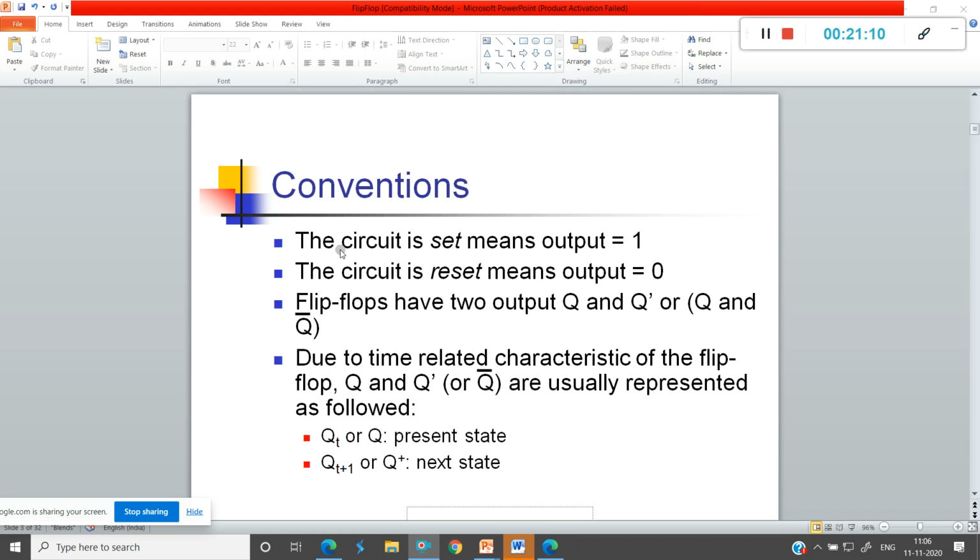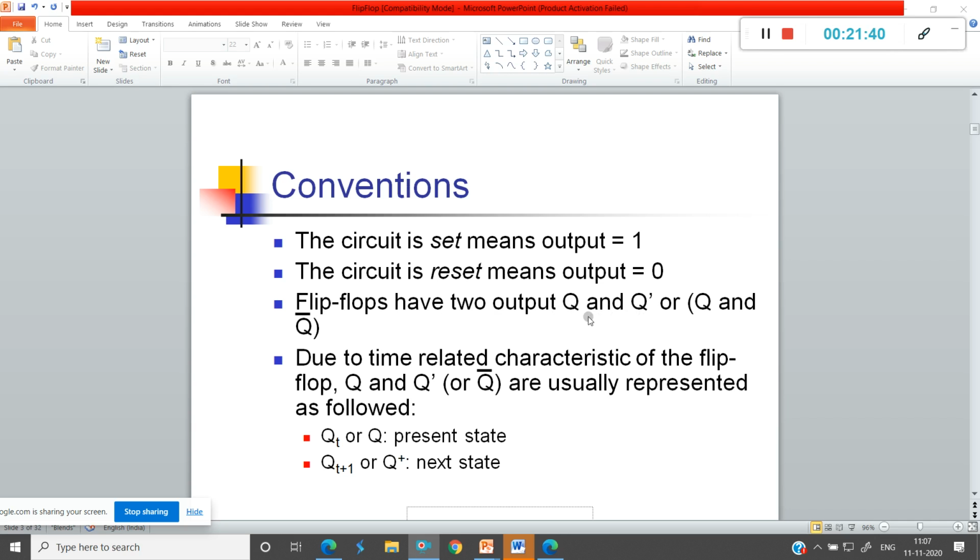The conventions: the circuit is set means the output is 1. The circuit is reset means the output is 0. Flip-flops have two outputs, Q and Q bar, which can also be written with a tick over it.